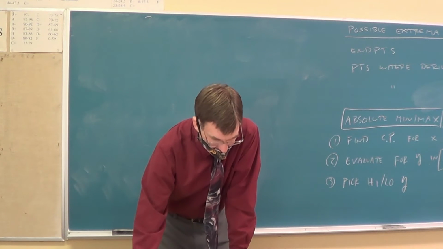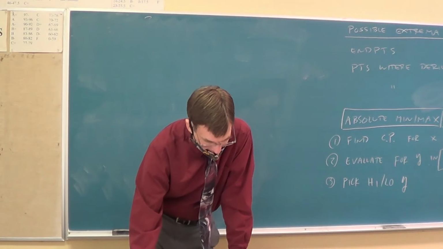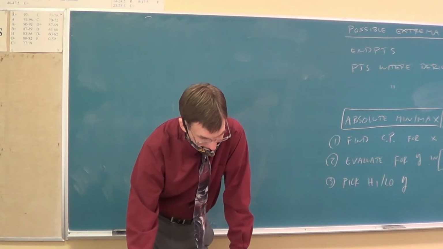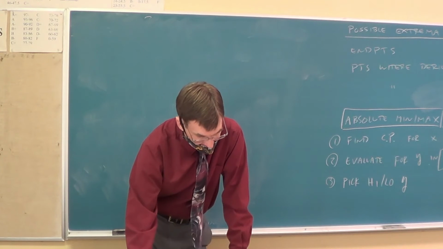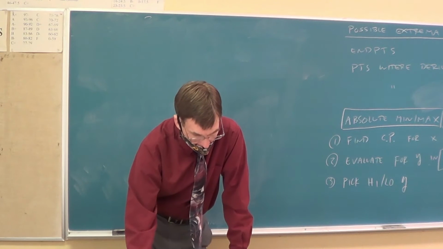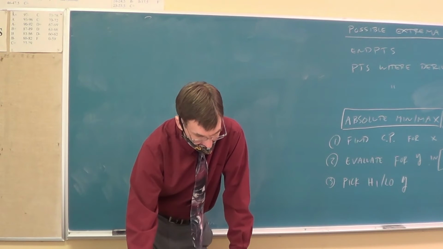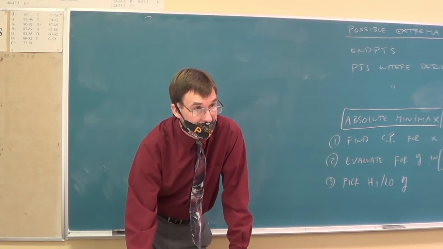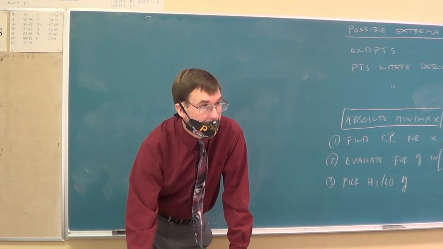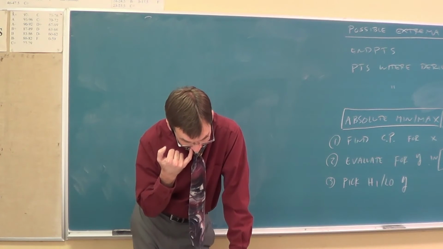On 216, 1 to 6, they want us to look at the graphs and decide whether it has absolute maxes or mins, and then tell where they are. So if I looked at number 2 on 216, I'll wait a sec while you get there.